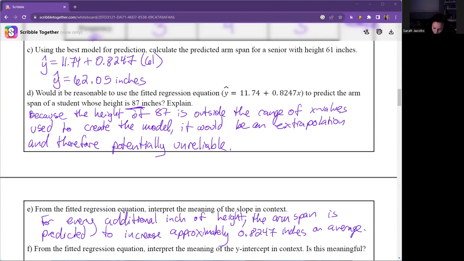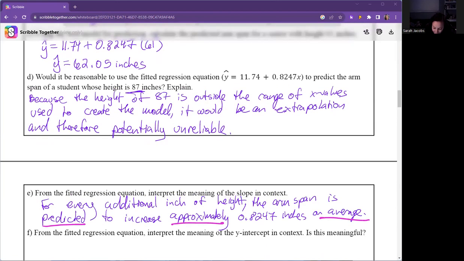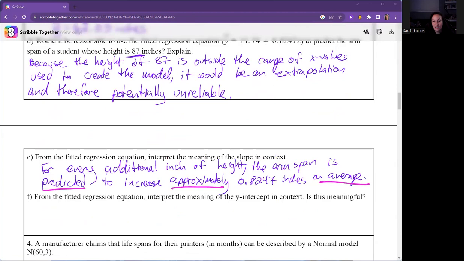So this might be a bit of overkill, but you definitely need at least one of these, right? Predicted, approximately, on average. You have to indicate that our regression equation is a prediction, that it is not a guarantee.